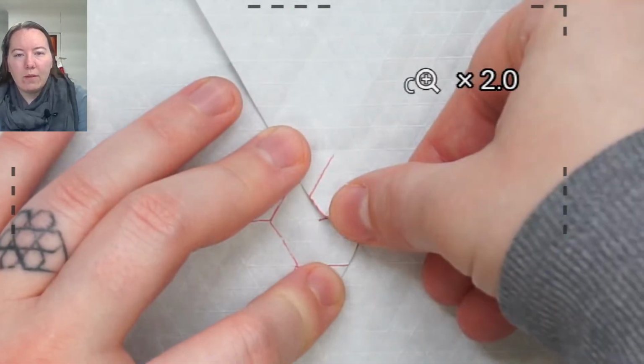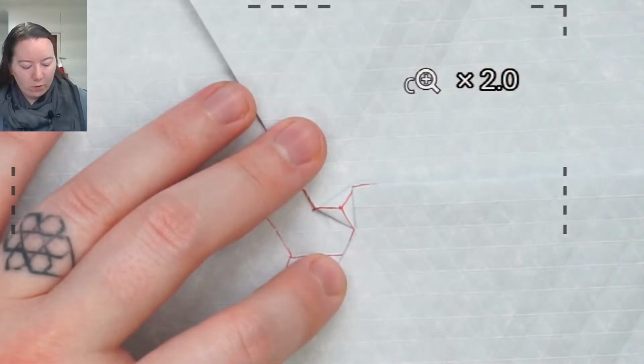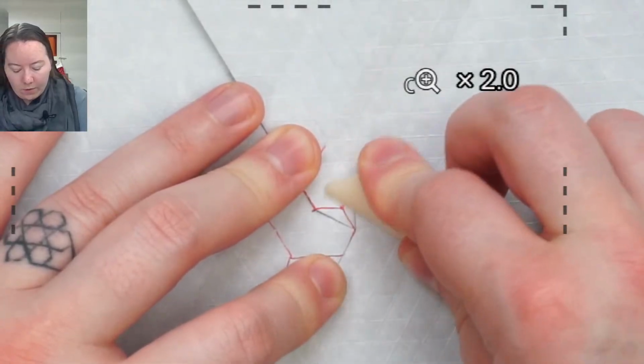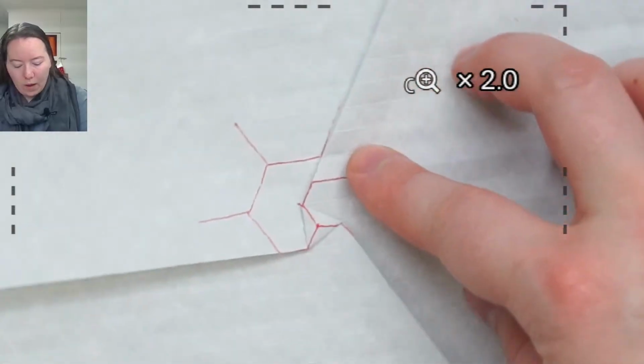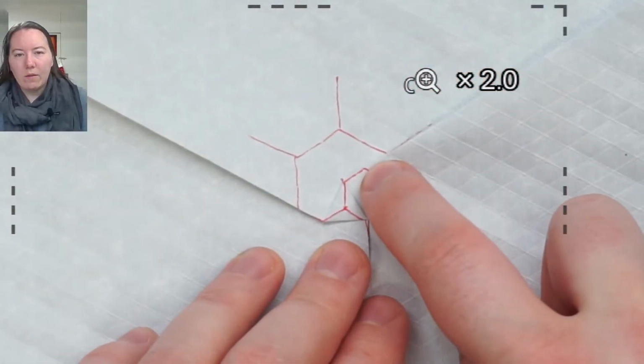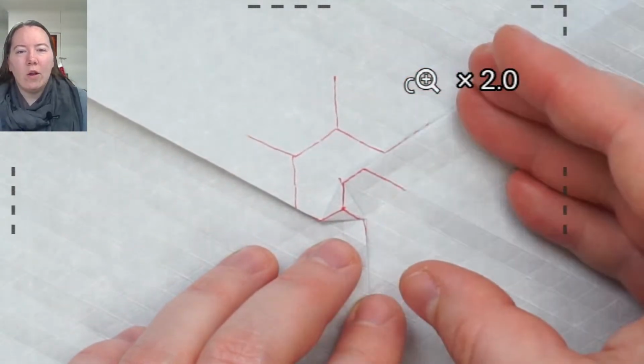And press just outside of the twist corners to squash, and use the bone folder to get it nice and smooth.